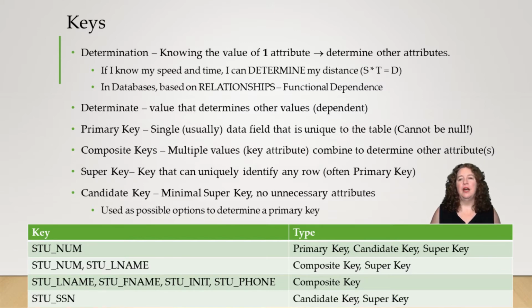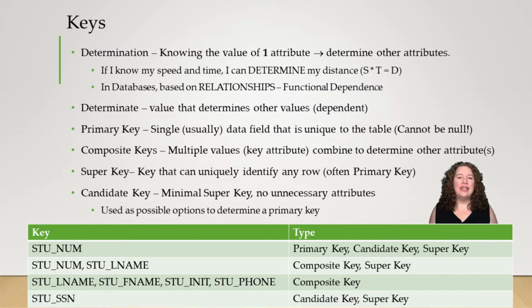A super key, because we didn't have enough other keys, let's talk about super keys. Super keys are keys that can uniquely identify any row. Usually it's also the primary key. However, you can have a super key that is not your primary key. So my social security number could be a super key.